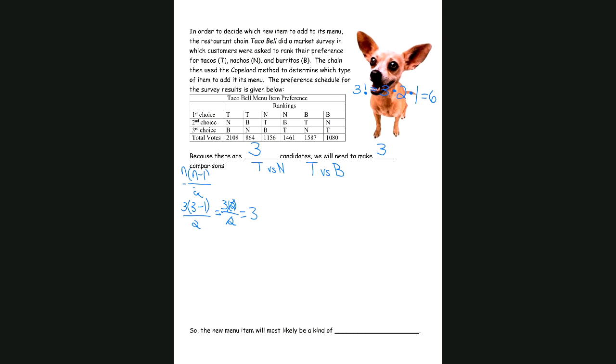We already have that in this comparison, right? We need to compare nachos versus burritos. We don't have that listed yet, so nachos versus burritos. And since I have 3 comparisons and I knew I had to make 3, I can stop there. These are all the comparisons I need to make. Because if I think about burritos versus nachos, I've already got it. If I think about burritos versus tacos, I've already got it. So I only need to make 3 comparisons here. Okay?